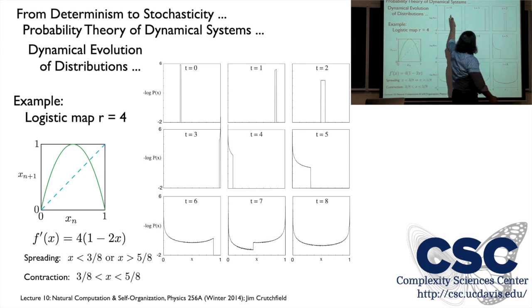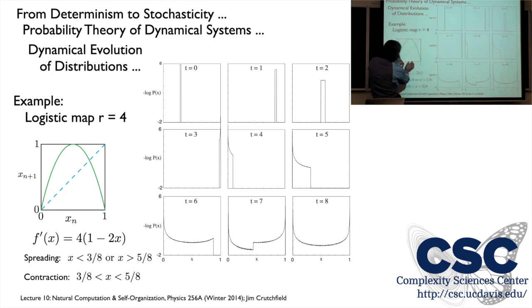Curiously, the way I chose this example, after the second iteration it comes back to exactly flat. I don't know why I did that. And oddly also for this case, the lower boundary of the support is right at a half.